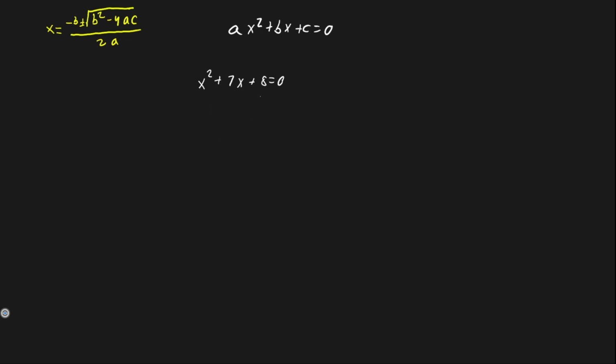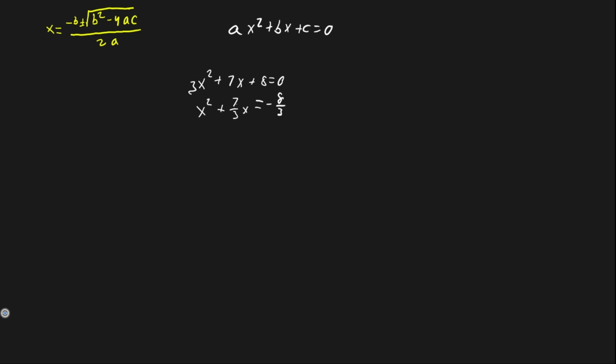So this is a difficult example we're going to look at. So we're going to go ahead and divide by 3. So we have x squared plus 7 over 3x is equal to negative 8 over 3.